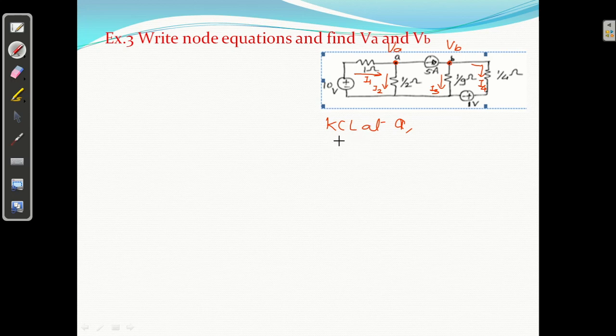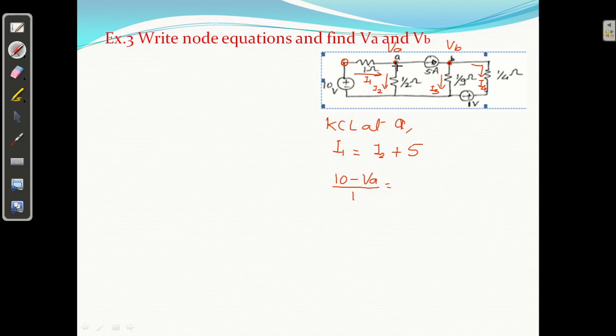So what is the KCL? Incoming current I1 equal to outgoing current. I2 plus 5. You can see here at this node, incoming current I1, and I2 is outgoing and 5 ampere is also outgoing, right? What is the value of I1? Potential difference, 10 minus VA upon 1.